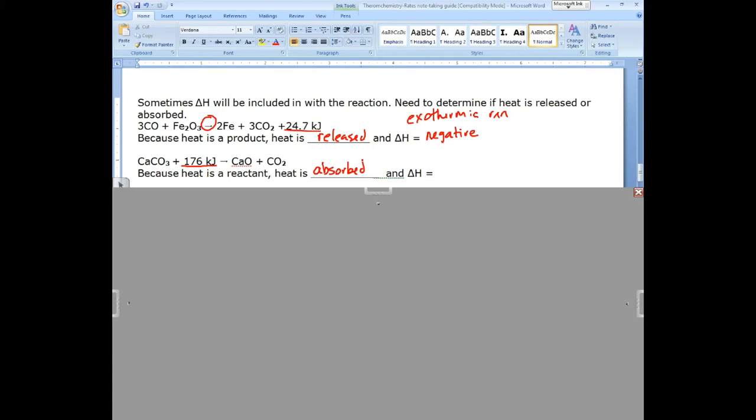So this is actually going to feel cold if you were to touch it, because it would be absorbing the heat from your hand if you were to touch the reaction vessel. So this is an endothermic reaction. And delta H would need to be a positive number, because again, we use the sign to represent the direction that the heat is moving.